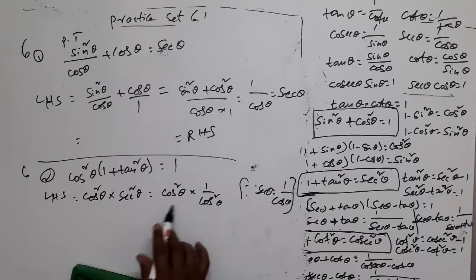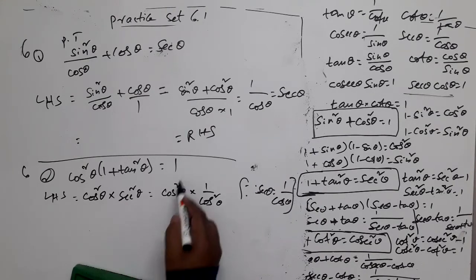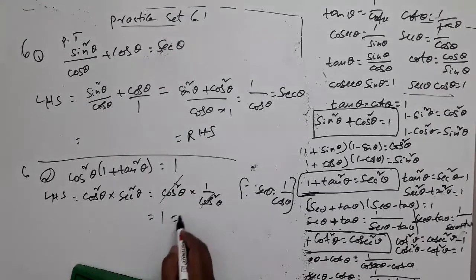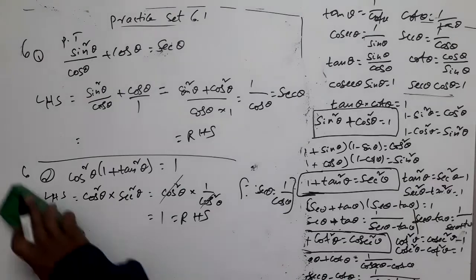So this will be 1 by cos square theta. Now these two terms are equal. So this is 1. But 1 is our right hand side part. Right? LHS is equal to RHS.